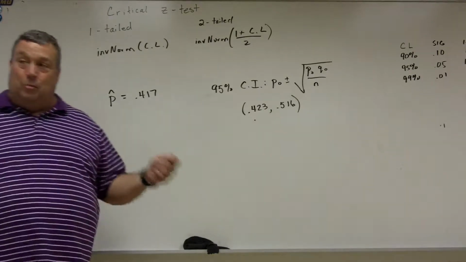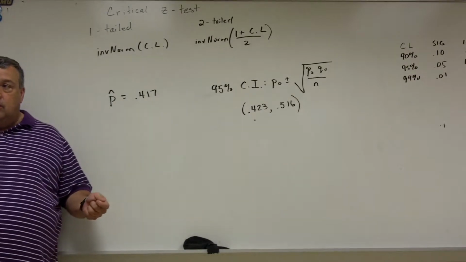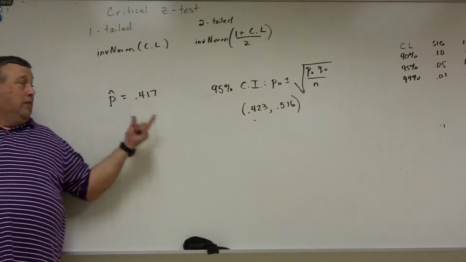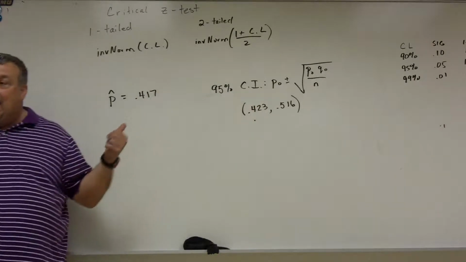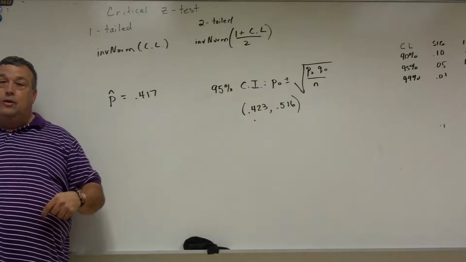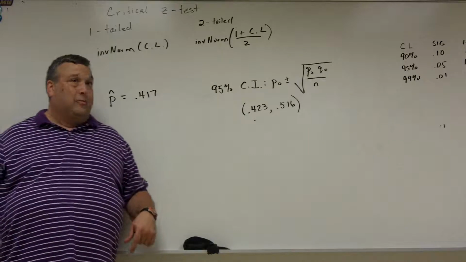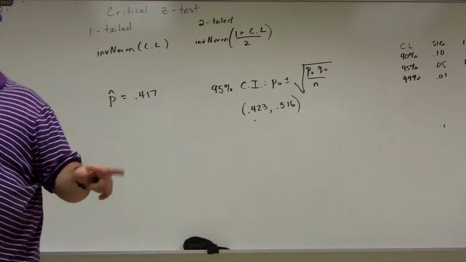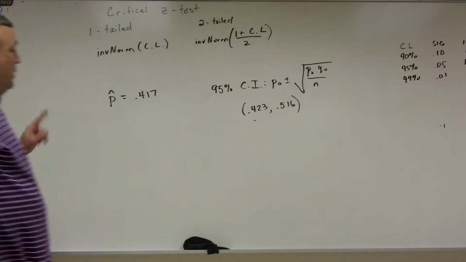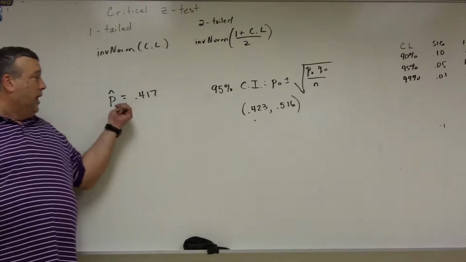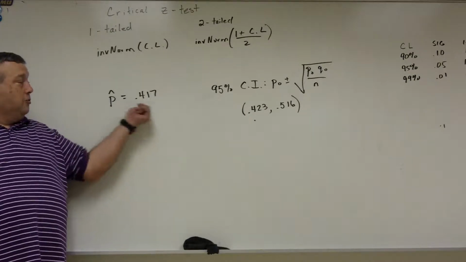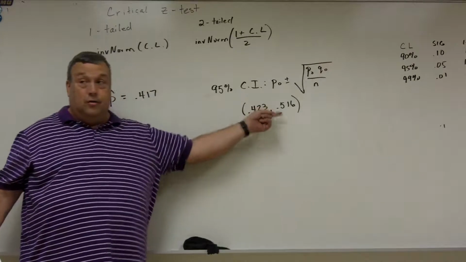That could be asked on a multiple choice question. Okay, they'll give you a confidence interval, they'll give you p hat, and they'll ask, how do you know? Or they might ask something like, did you reject it? Did you fail to reject it? How did you know? Okay, you can reject the null hypothesis because p hat's outside of the confidence interval.